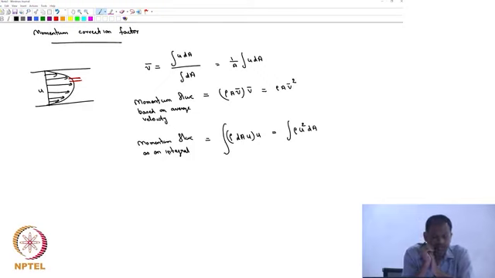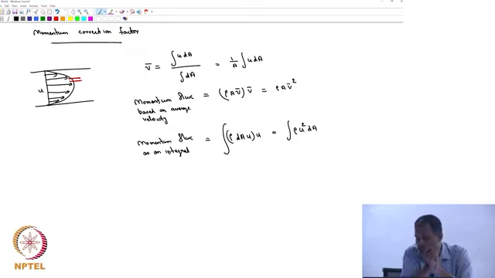If we have a flat velocity profile, meaning u is a constant, there is no question: u equals u average and everything will be the same. But if the velocity profile is not flat, these two quantities in general will be different.